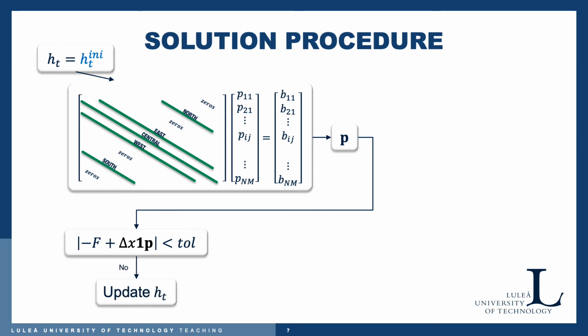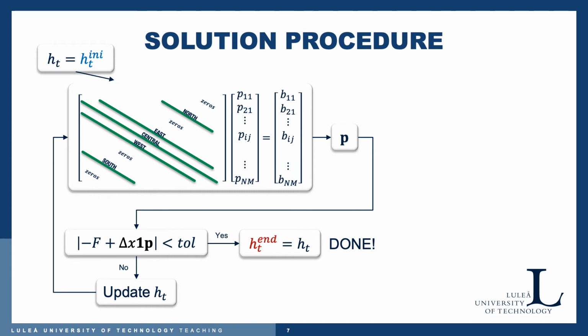Typically it's not, and therefore we need to update the clearance h_t and insert it into the Reynolds equation, which means that we now have a new determining matrix, and we solve it for a new pressure. Then we check the tolerance, and at least after some iterations, if it goes in the right direction, we will find the clearance that makes the pressure satisfy the force balance condition, and then we're done.